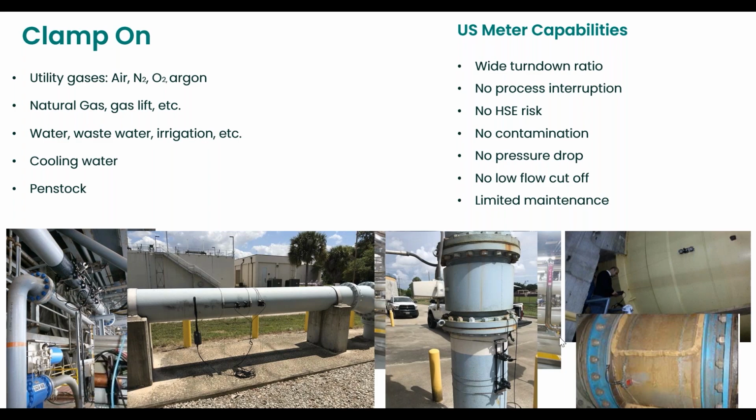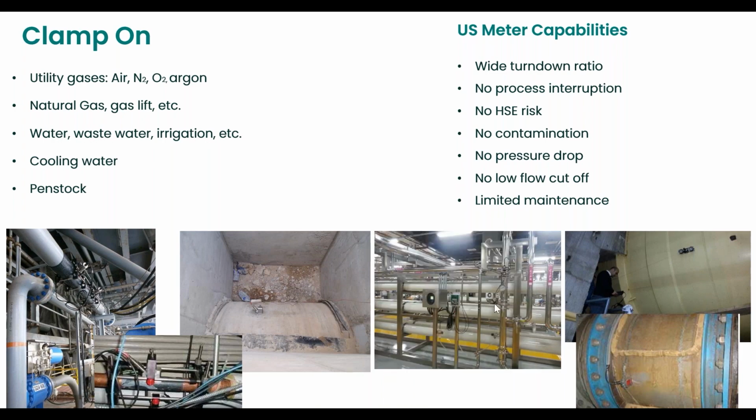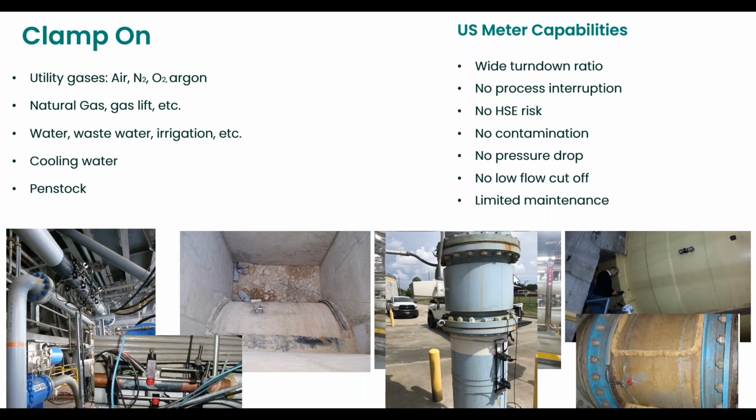All right. So if I look at this photo and this one, so the last two, the mag meter is a full bore meter, right? So there's no obstruction to the flow per se. So in that case, it doesn't matter. You still have the straight runs.